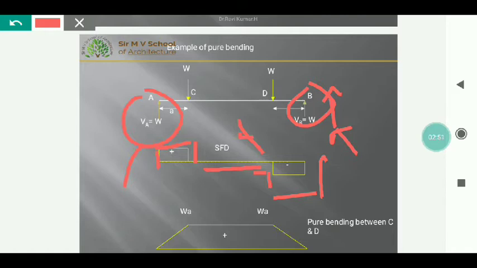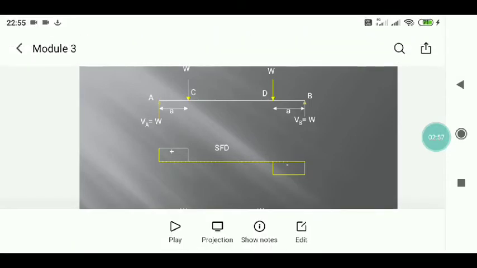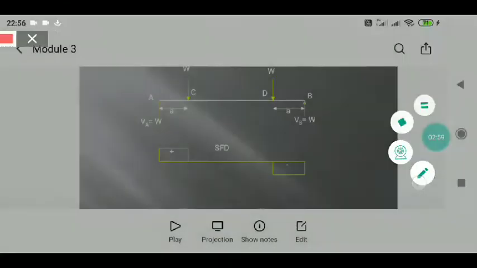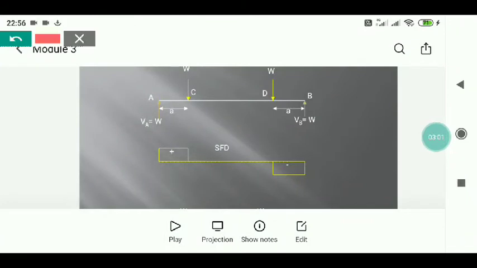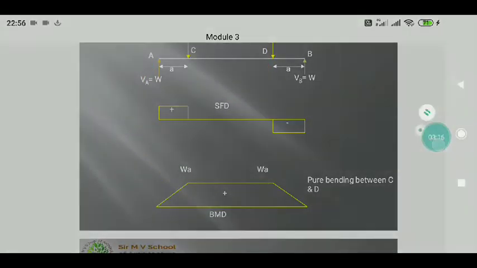In the same way, when we talk about the bending moment diagram at this point, the bending moment is W into 0, the force times the distance 0, which is 0. So the bending moment at this point is equal to 0.